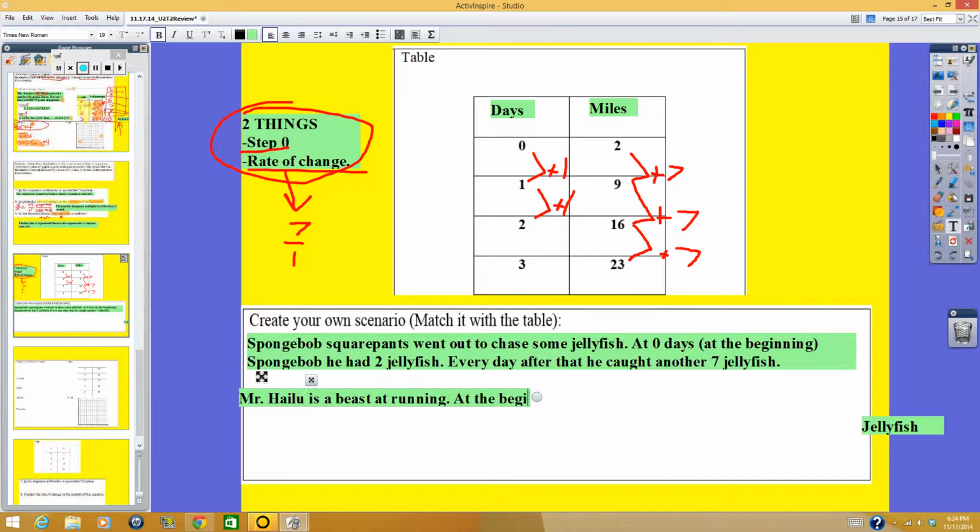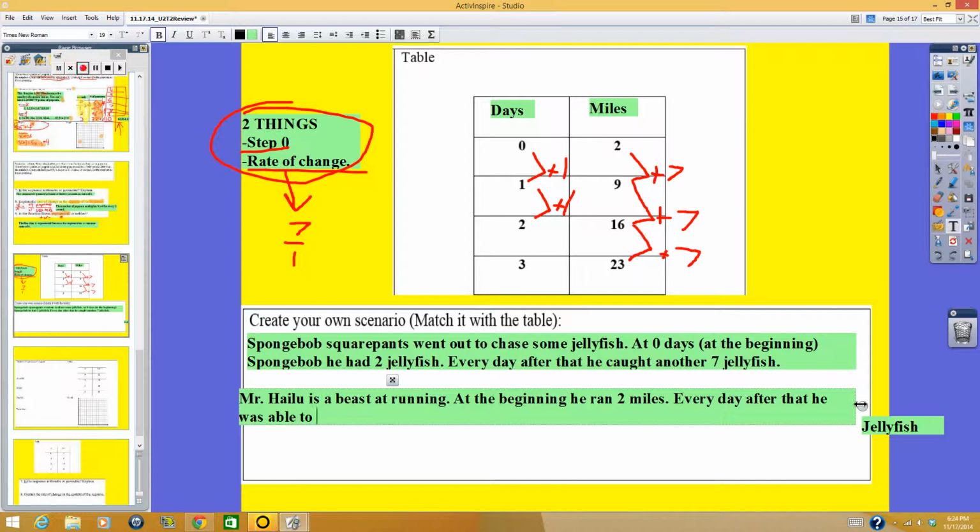So at the beginning, he ran 2 miles. Every day after that, he was able to run another 7 miles. Right? So that's really the gist of what you need.